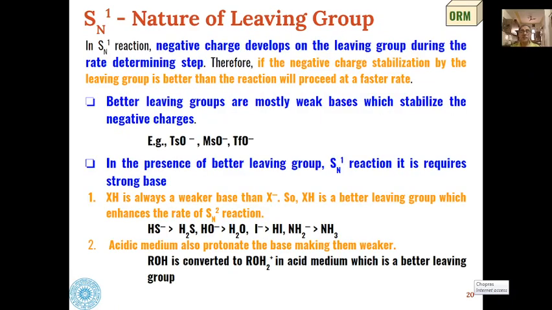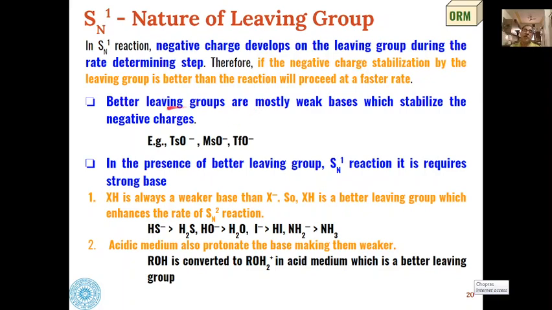Then is the nature of the leaving group. The nature of the leaving group does affect SN1 type of reactions. If the negative charge stabilization by the leaving group is better, then the reaction will proceed at a faster rate, and if this stabilization is not better, then the reaction will proceed at a slower rate.